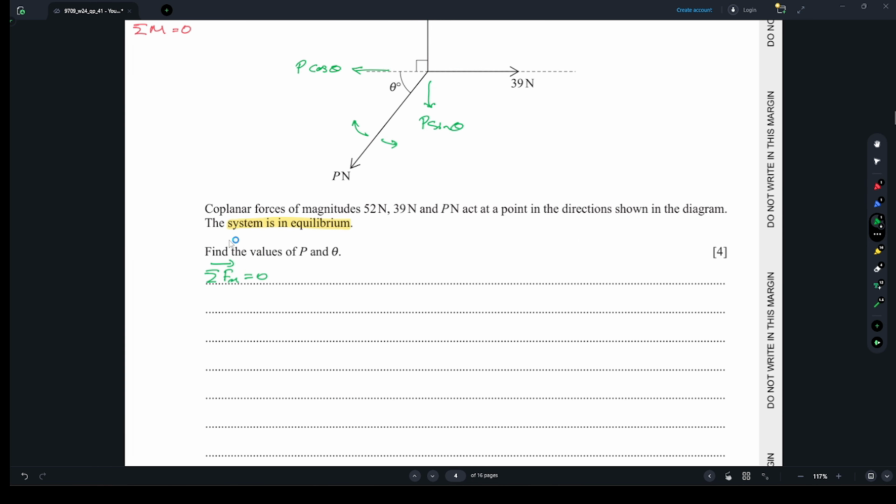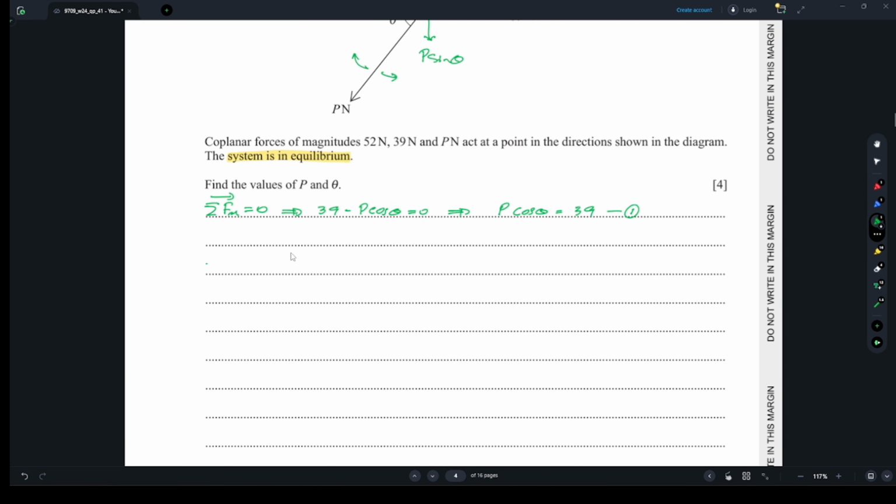I am considering the forces in the right direction as positive. So to the right direction we have 39, and to the left side we have P cos theta, equal to 0. Remember for this kind of question, just make P cos theta the subject, because we don't know P and theta. This is 39. Let's say this is equation 1.